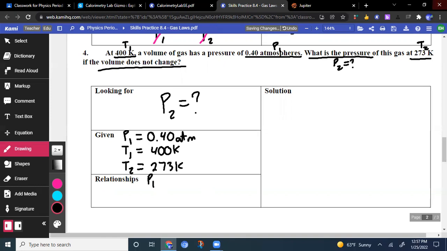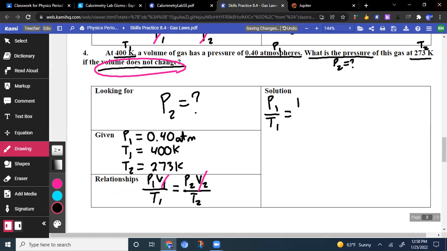Write down our combined gas law equation. This time, it's the volume that does not change. So let's cancel the volume. And the equation we're working with is P1 over T1 equals P2 over T2.